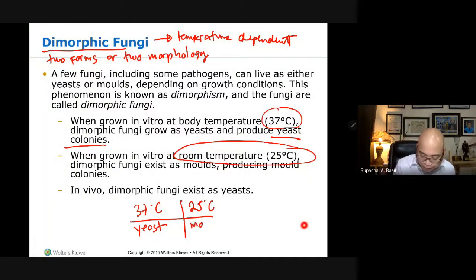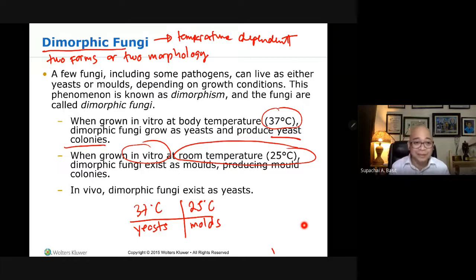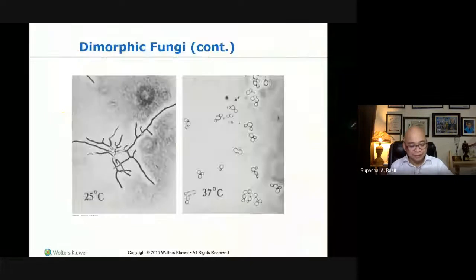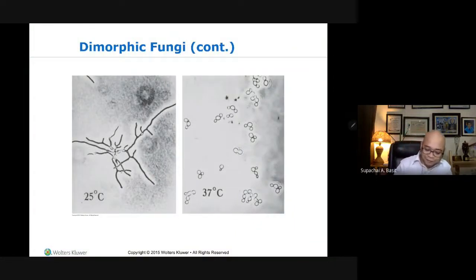At 25 degrees, they are molds. So in vivo, inside our body, dimorphic fungi exist as yeast. But in vitro, which means outside our body, they exist as molds. So these are examples of dimorphic fungi. At 37 degrees, they are yeast. At 25 degrees, they are molds.